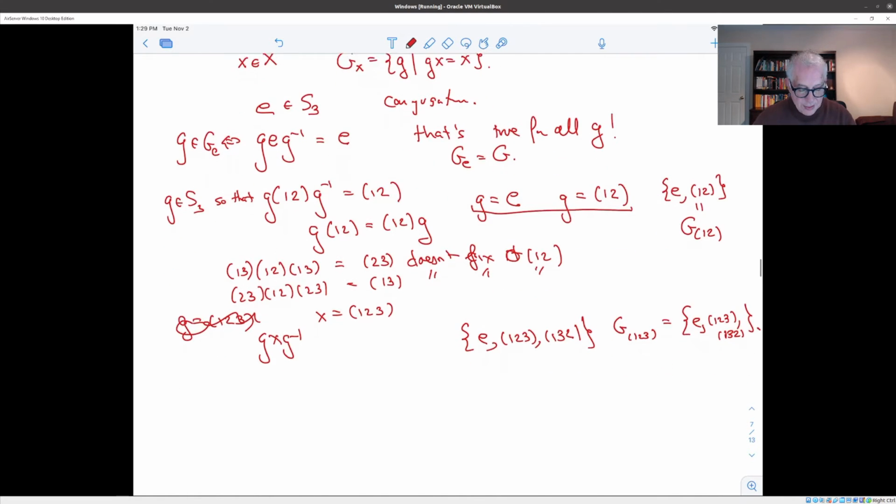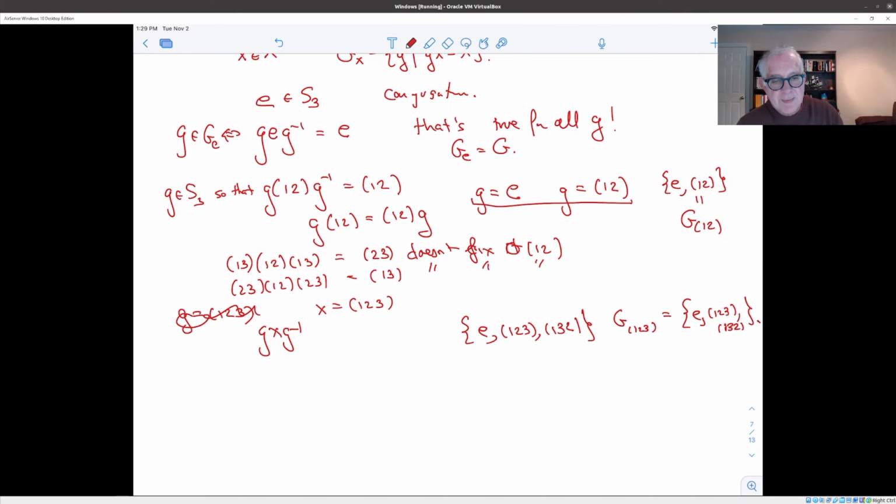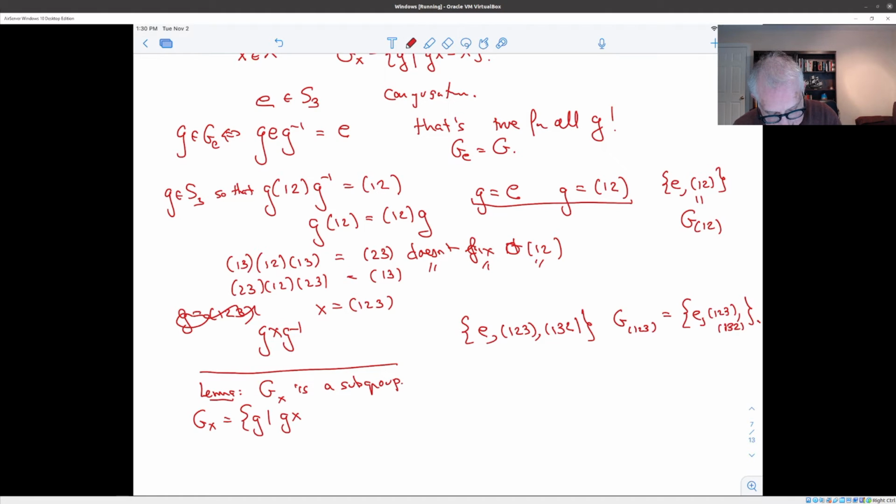Now, I sort of took this for granted, but we should probably check this little lemma here that the stabilizer is a subgroup. So remember how it's defined. It's defined to be the collection of g so that gx equals x. So is the identity in G_x? Yes, because ex equals x.